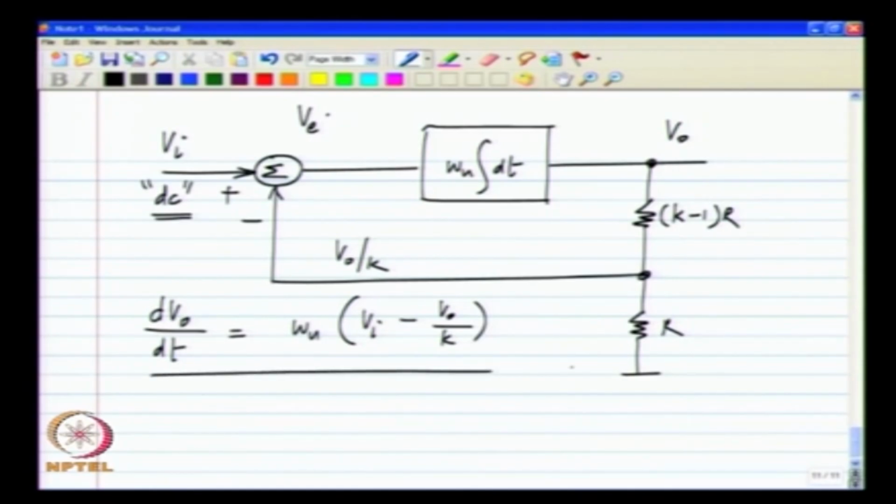Now, this is a first order differential equation, and this can be easily solved for a constant Vi by rearranging the terms.